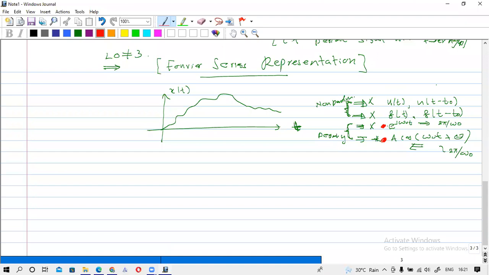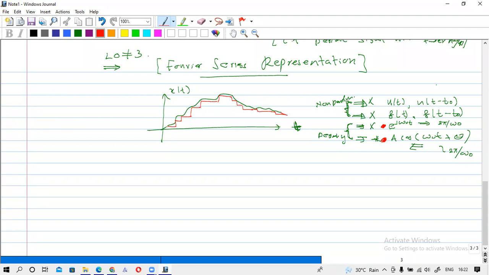So what I want to tell you is, can you remember that this kind of signal we can approximate to a step signal like this? We have discussed this in our lectures. Like this, we can approximate this arbitrary signal.